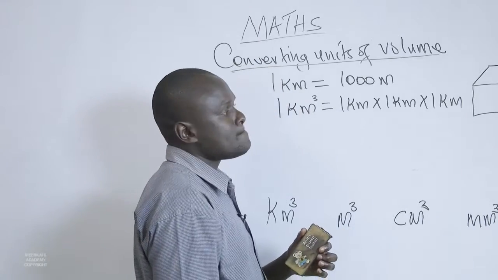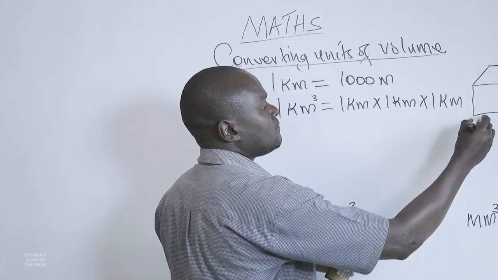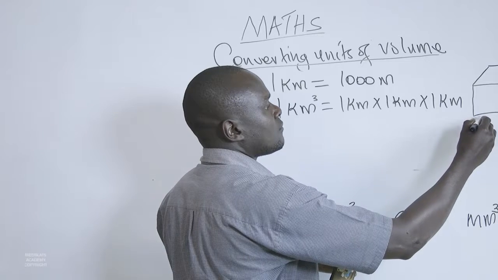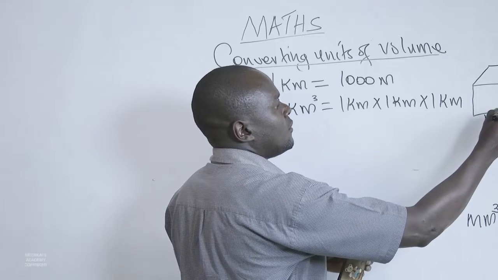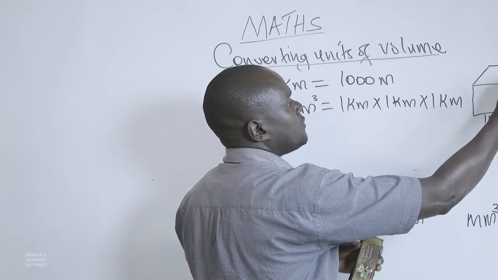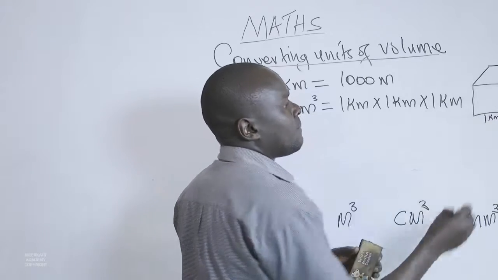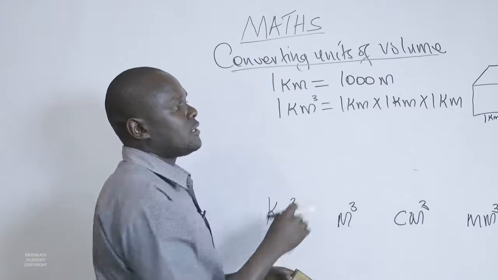In this container, we can talk of the length being 1 kilometer, the width being 1 kilometer, and also the height being 1 kilometer, so that this will give us a kilometer cubed.